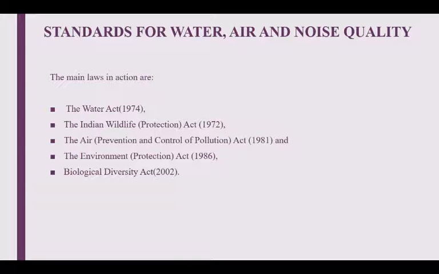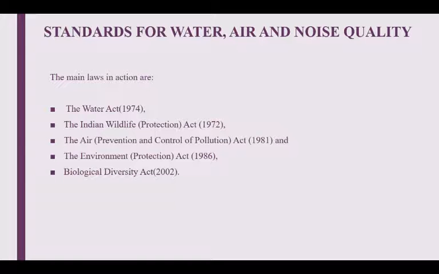The main laws in action are the Water Act 1974, the Indian Wildlife Protection Act 1972, the Air Prevention and Control of Pollution Act 1981, the Environmental Act 1986, and the Biological Diversity Act 2002. So these are the main laws based on which an EIA report can be made.